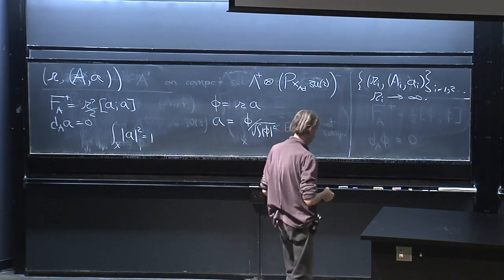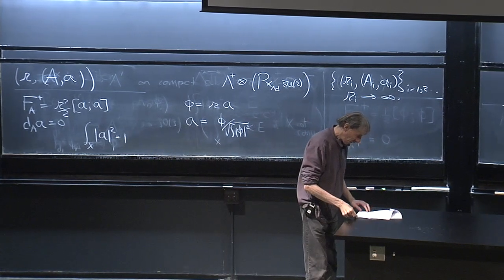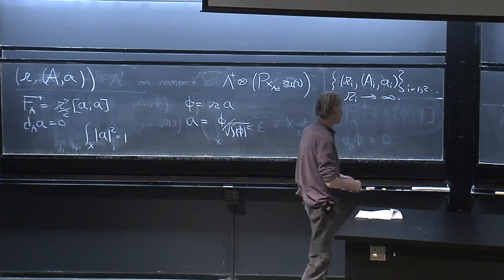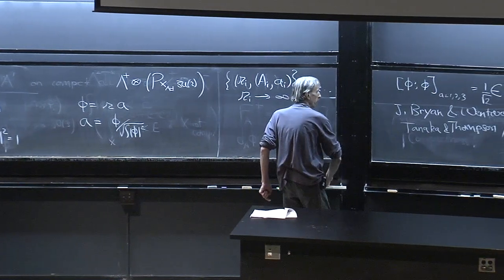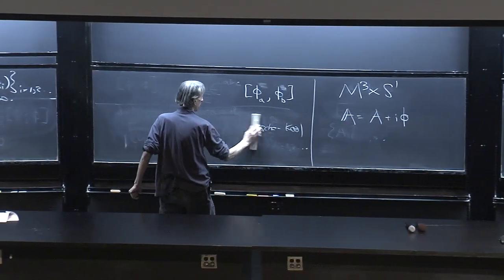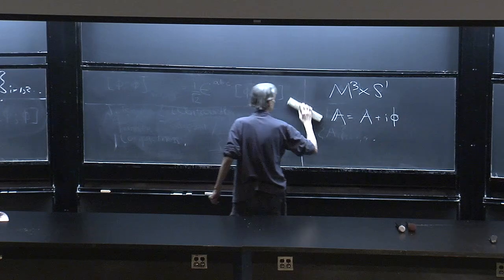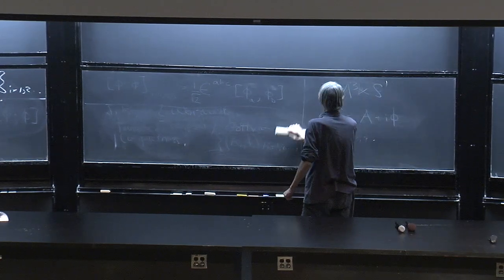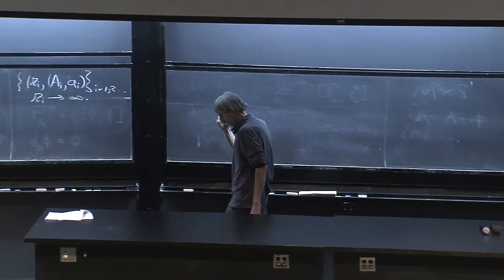Well, let's see what does happen anyway. Okay, so we have some data. So we can now describe the limit. So I can describe the limit in terms of some data.